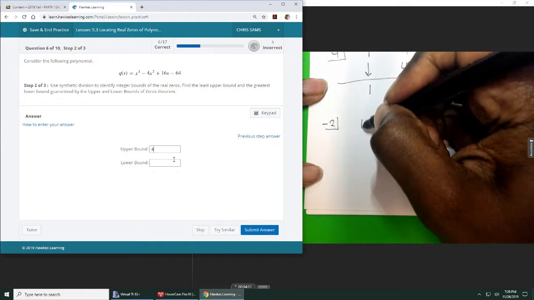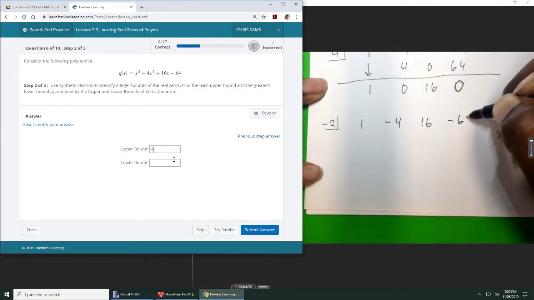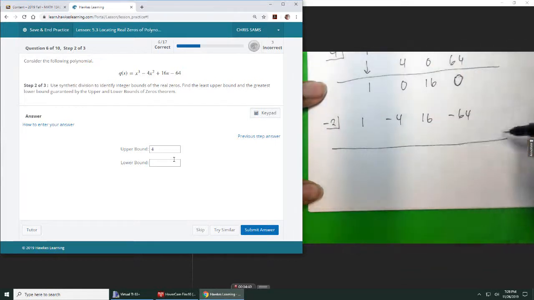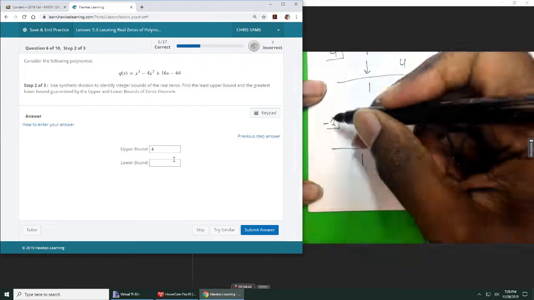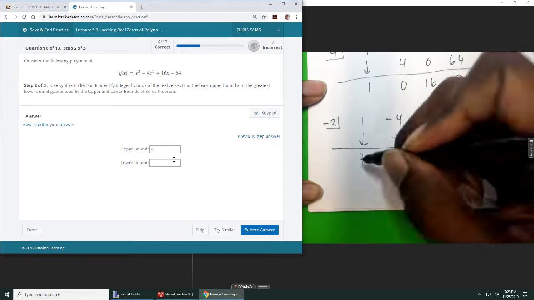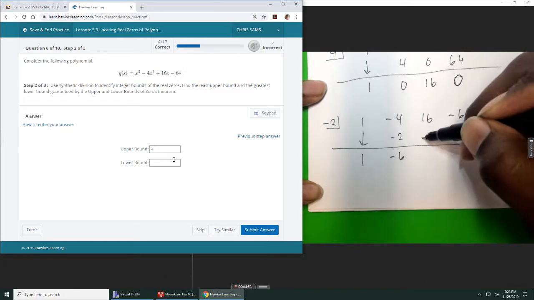So we have 1, negative 4, 16, and negative 64. Bring the first term straight down. We have 1, which is positive. Negative 2 times 1, negative 2. Combine those, we get negative 6. So positive, negative is good. Negative times a negative gives me a positive 12.